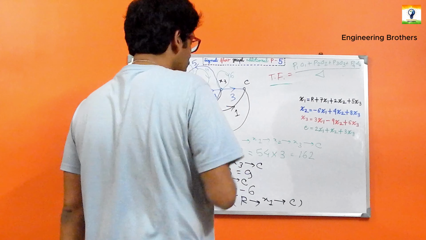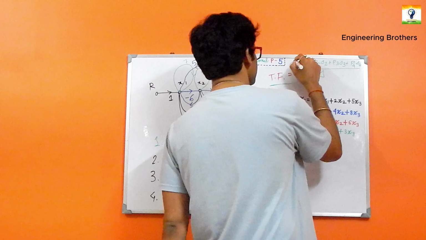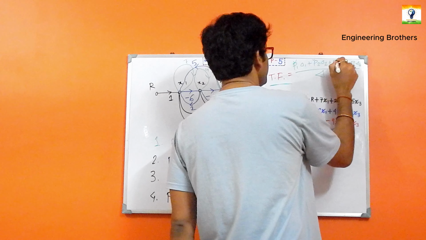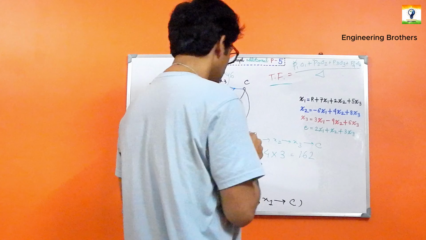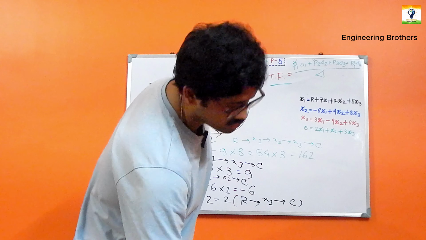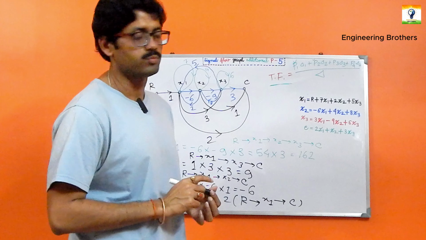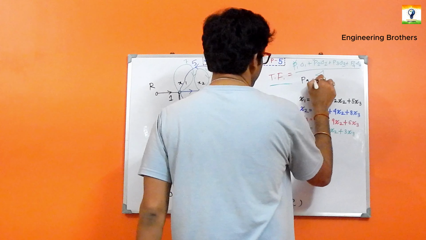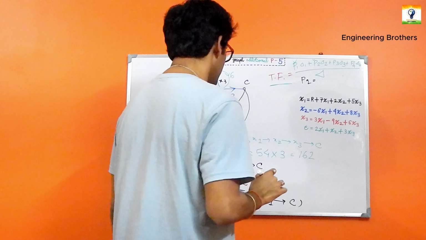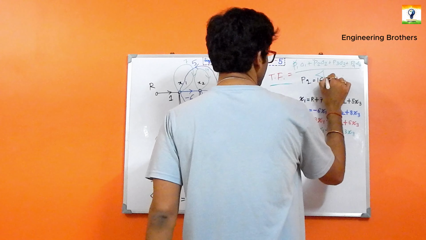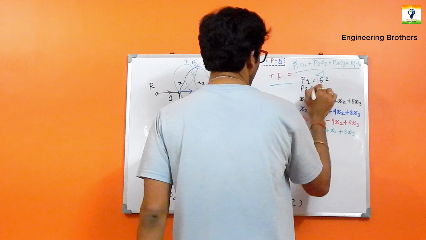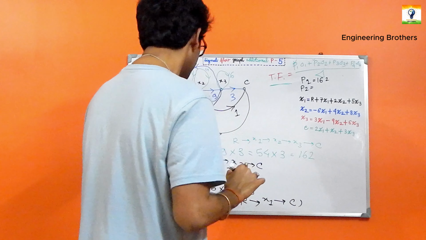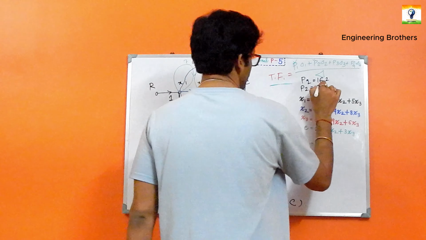Okay, we have considered the forward paths over here, P1, P2, P3, P4. Let us note down the expression for our forward paths. For our forward path P1, the gain will be 162. For P2, we have got the next forward path gain as 9.